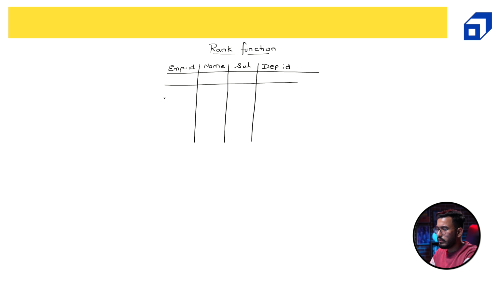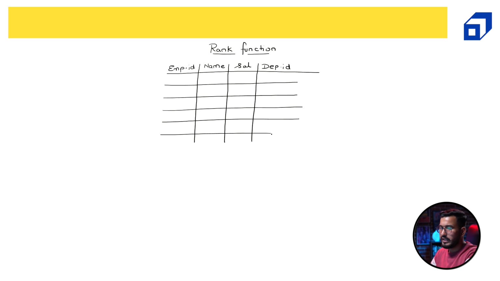Now let's create some sample data. Records 1 through 6, with employee IDs 01, 02, 03, 04, 05, 06. Again, sample names AA, BA, CK, NM, TA, DT.